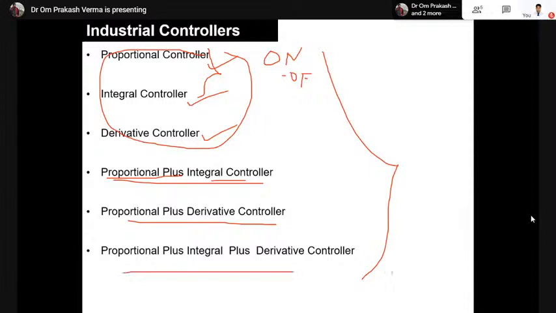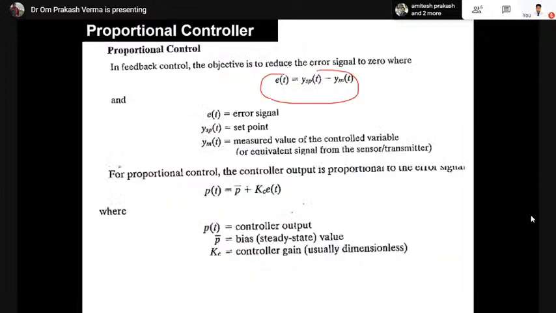As we have discussed, the controller will act on the basis of the error. Yesterday we discussed the controller part, GC, the gain of the controller, and the error signal entering the controller. As per the error, the controller generates some signal P. So P is the output of the controller and E is the input.